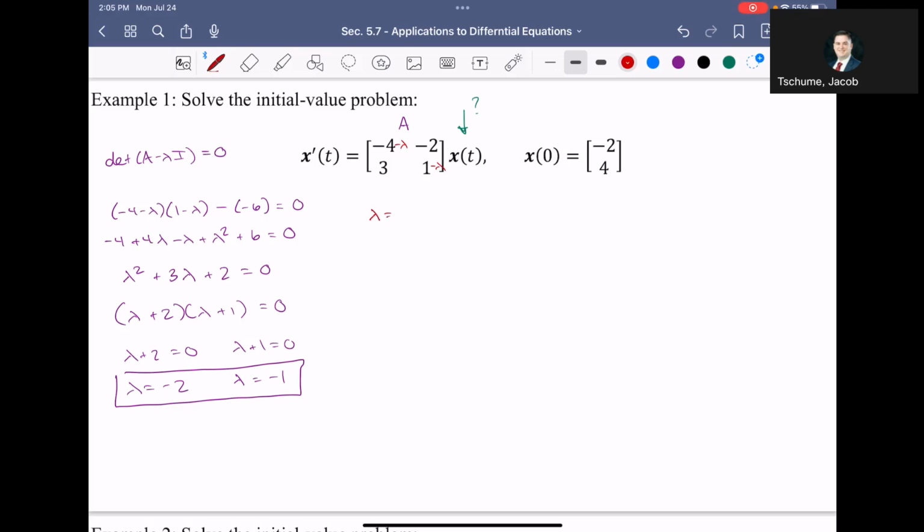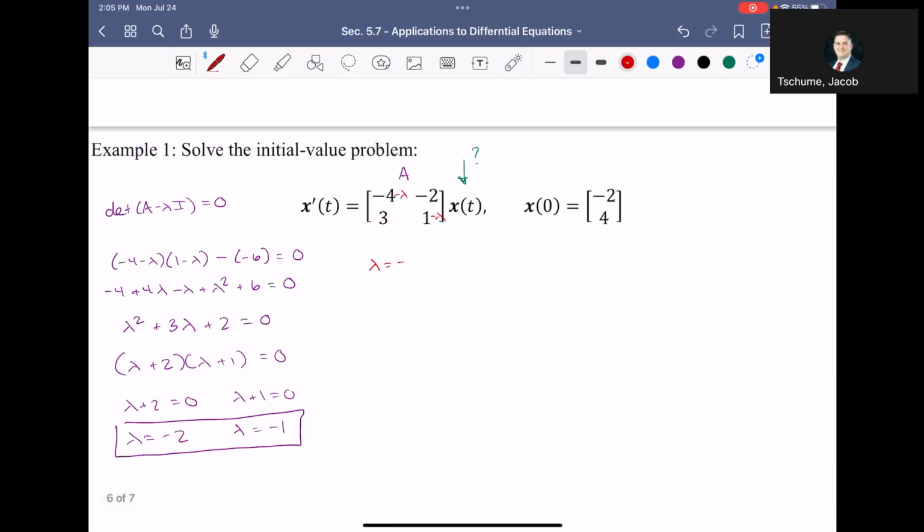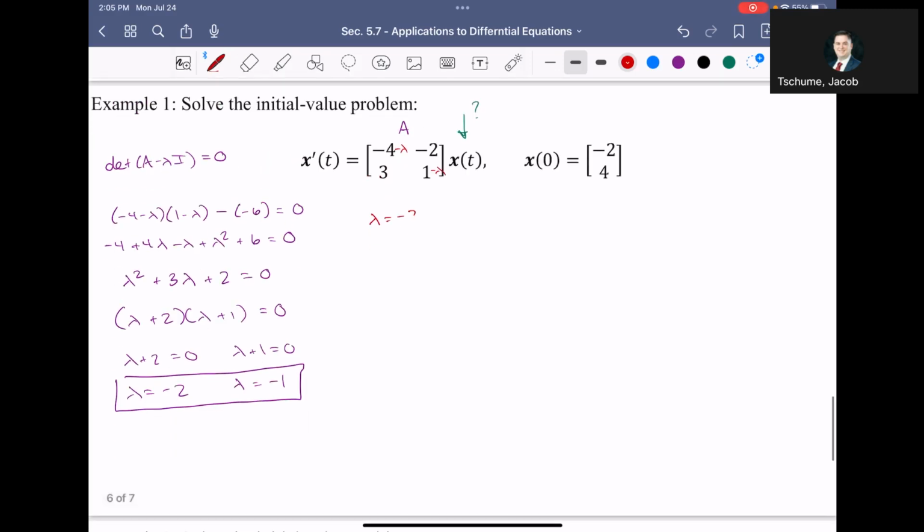So for lambda equals -2, remember, when you're solving for an eigenvector, you need to plug your lambda into the A minus lambda I and set up the homogeneous matrix equation. So in this case, -4 minus a -2 would be -2, then -2, 3, and then 1 minus a -2 is 3, and I'll put my zeros on there.